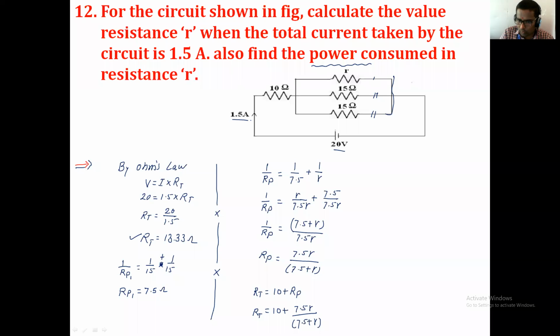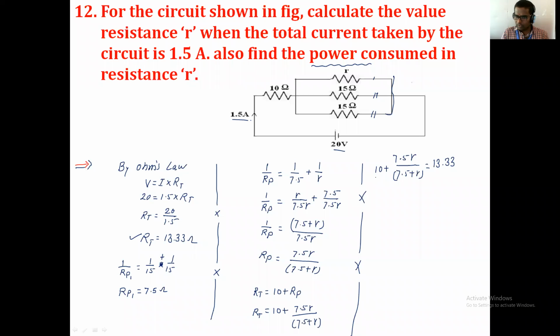Yes. So can I equate these two things here, and then I can write 10 plus 7.5 R divided by 7.5 plus R, which is equal to 13.33. Just check it. And we have to calculate that unknown value of R. Here only one R is unknown, so we can easily calculate it.